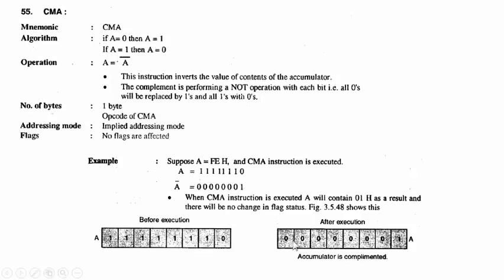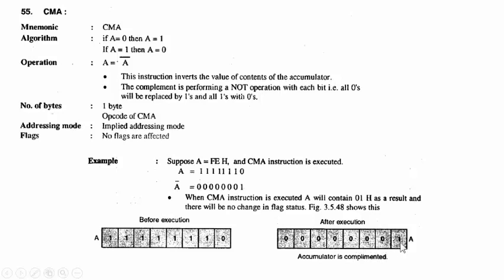So logic 1 gets modified to 0 and logic 0 gets modified to 1.